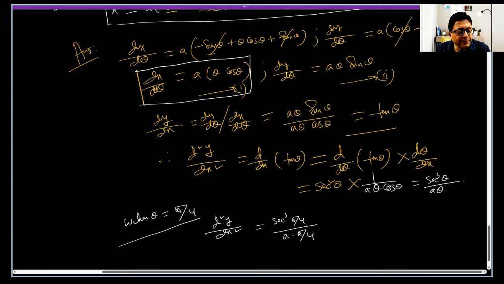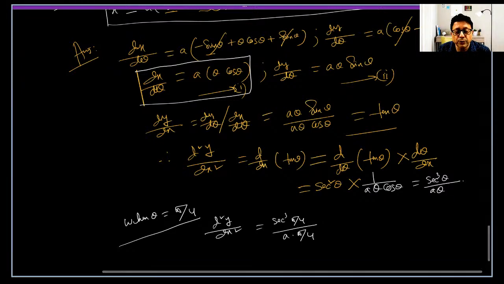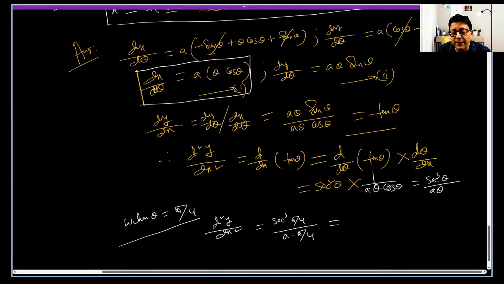Sec cube pi by 4 divided by a pi by 4. You just simplify it. Sec pi by 4 is root 2. Root 2 cube by pi a by 4. Simplify it. It will be 8 root 2 by a pi. Clear? Hope you understand.